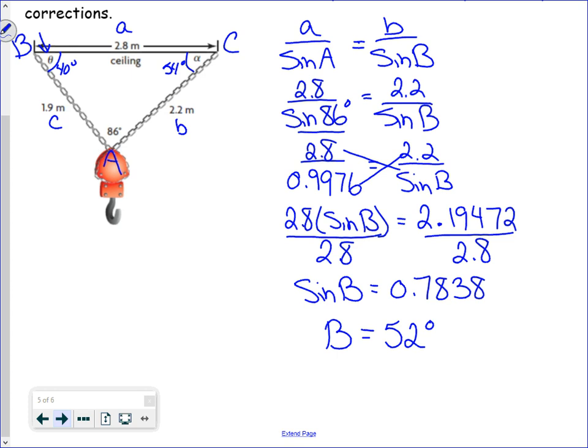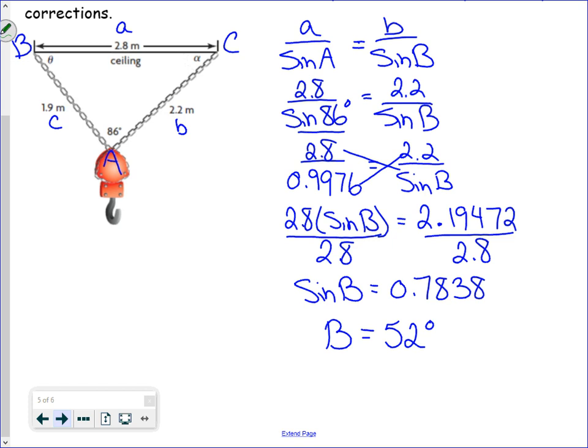So Toby is not correct in his calculations. He said that angle B, or angle theta, was 40 degrees when we've calculated it out to be 52 degrees. So that also means that angle alpha is also incorrect. So I'm going to change what he's done.